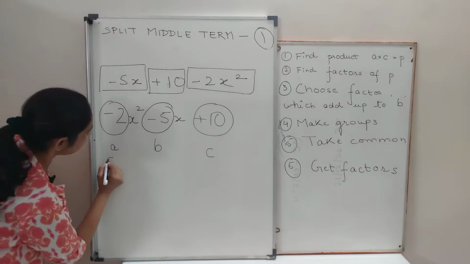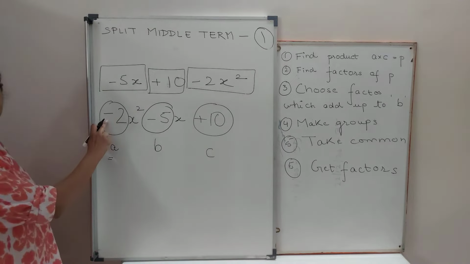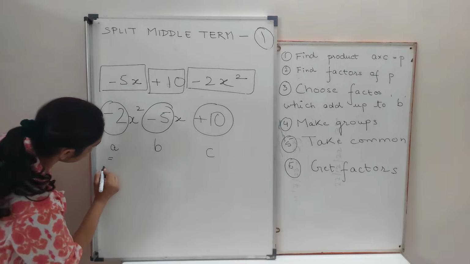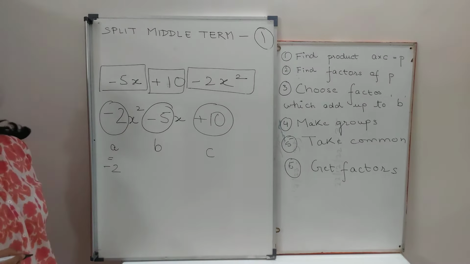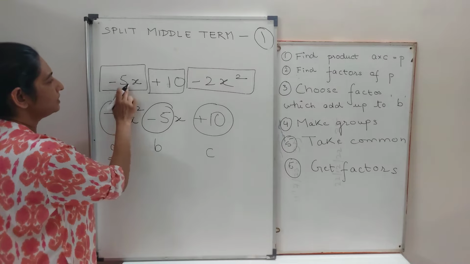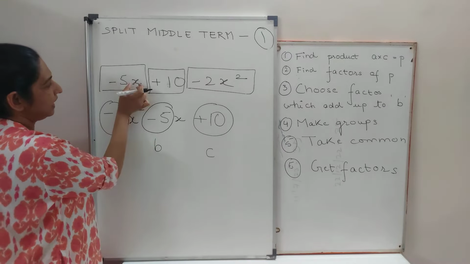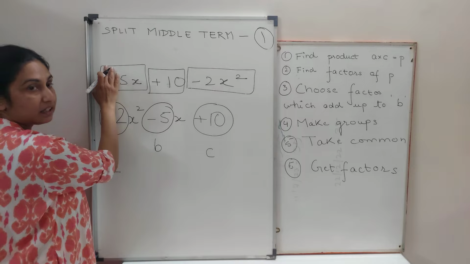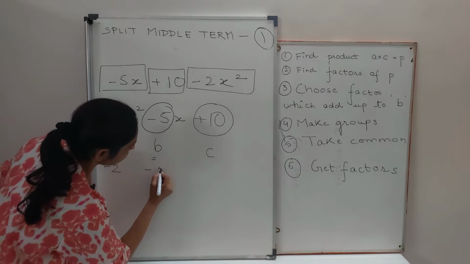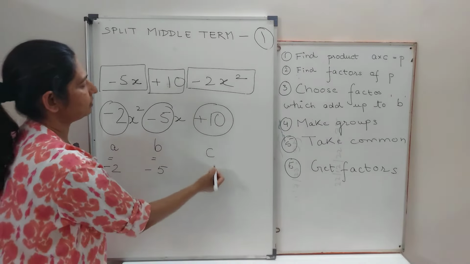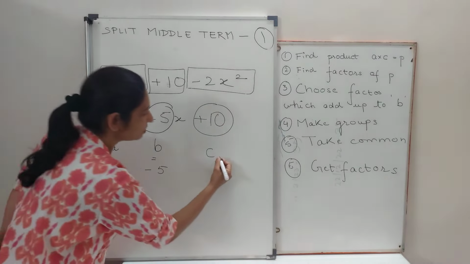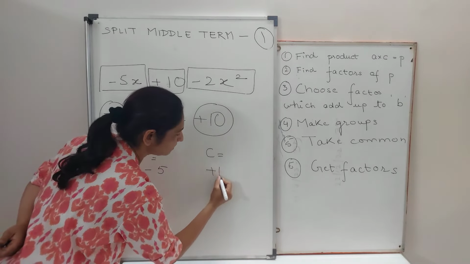Now how much is the value of a? a will be, please understand, minus 2, because this sign you will have to consider. a here will be negative 2, b here will be negative 5. Before x, it is not just 5, there is a negative sign too. So b becomes minus 5. And what is c? Which sign is before the number c? The plus sign. So c is equal to plus 10.